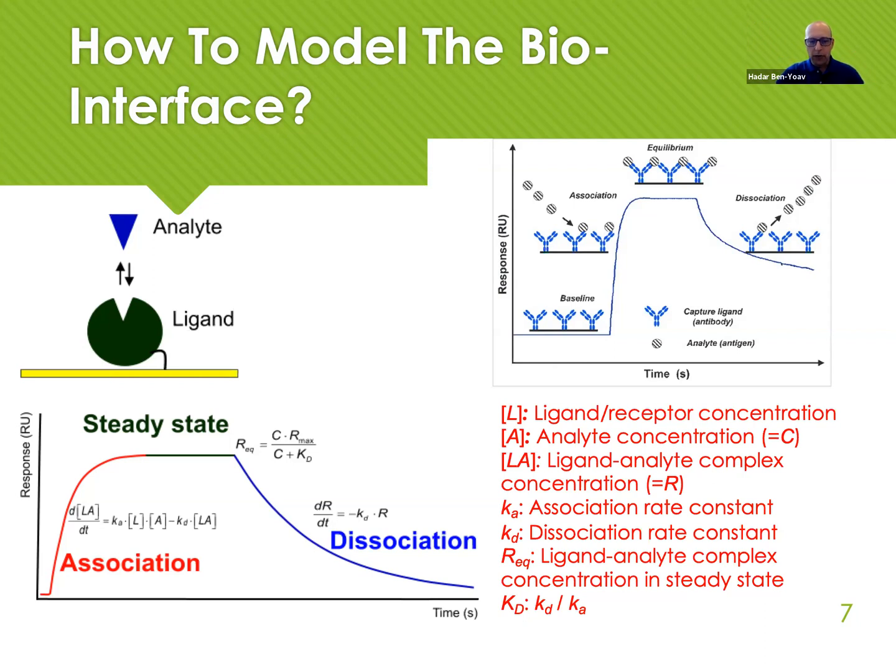Now, when we look at the steady state, it means that we have a lot of analyte, and we reach Rmax, the maximum amount of receptor bound to the analyte. Any questions? No? Okay. It means that it doesn't change, so the rate of change is 0.